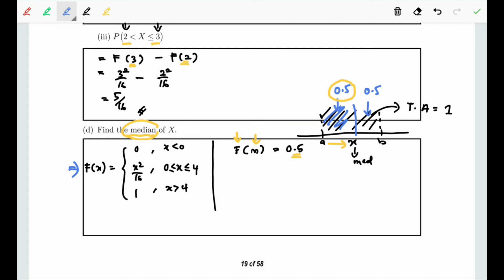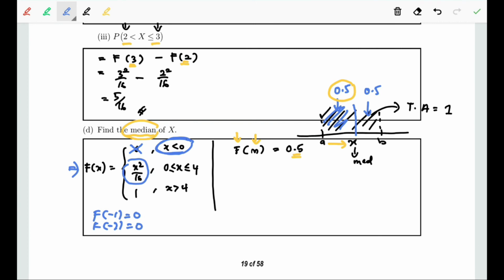You have to check: the first function is already eliminated, because it will give you 0 for any x in that interval. That means f of -1 equals 0, f of -2 equals 0. Any x in this range will give you 0.